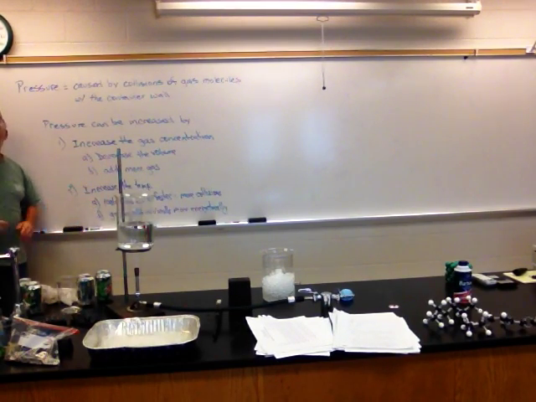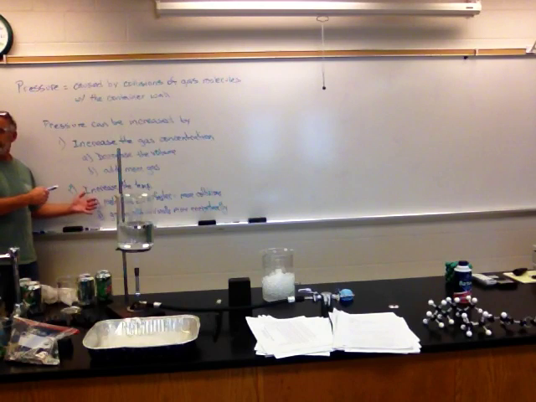Now, as it's getting cold outside, you might have your tire pressure light come on in your car. That doesn't necessarily mean you have a flat. What's happening? The decrease in temperature is causing molecules to move more slowly, the pressure to drop. So you got to put more air in your tire in the wintertime when it's cold than you do in the summertime when it gets hot.